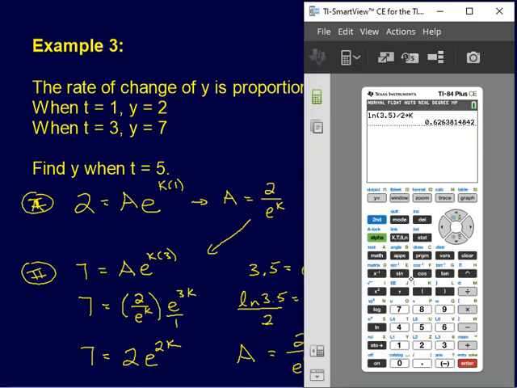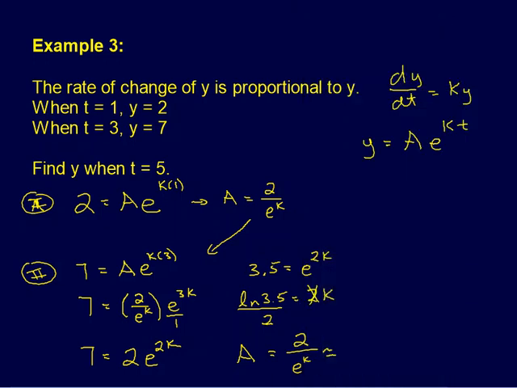So I'm going to take 2 divided by e to the, using that stored value of k. So there it is. And I'm going to save that now as the letter A. Okay. So now I've got both the constants A and k stored in my calculator.